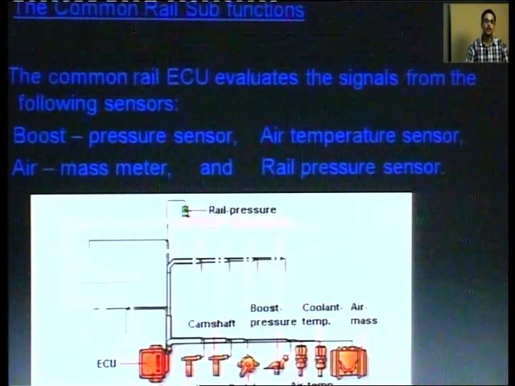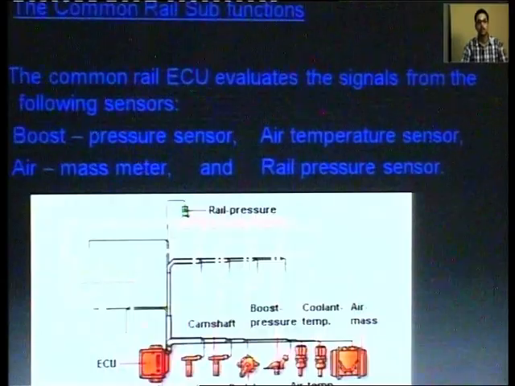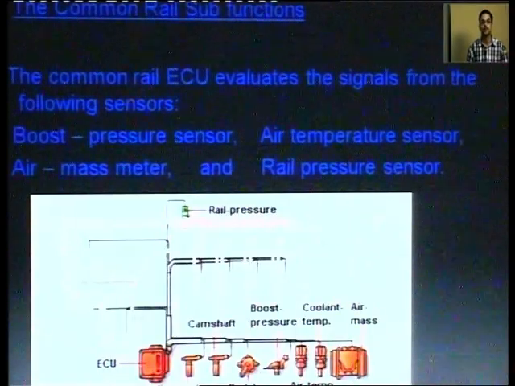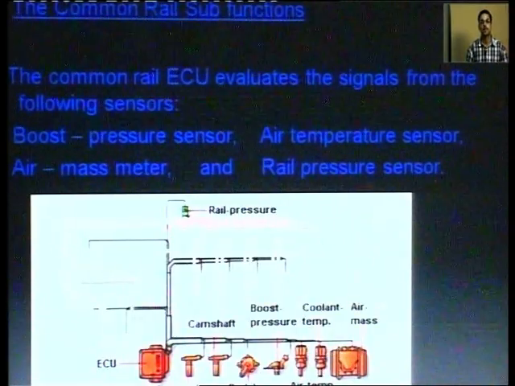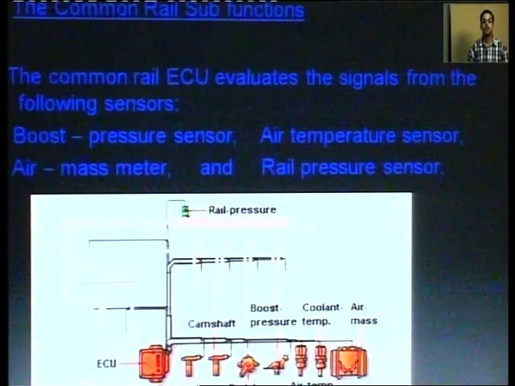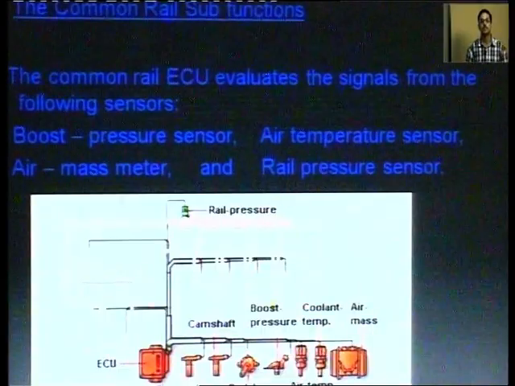The common rail electronic control unit evaluates the signals from the boost pressure sensor, a temperature sensor, and the rail pressure also. The rail pressure helps the pump to respond to the various kinds of pressure variations.